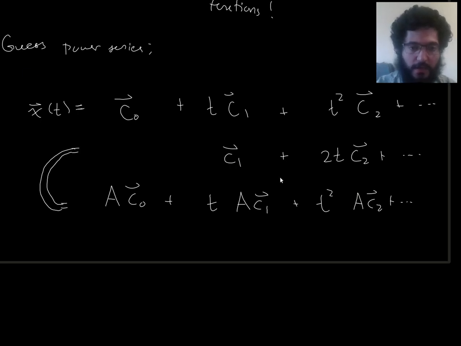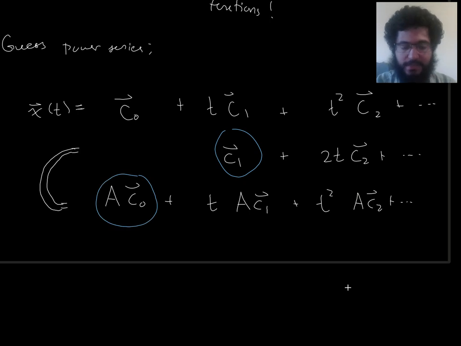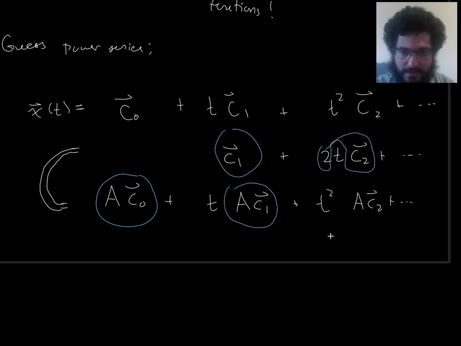So then you end up getting all n of the equalities, C1 equals A C0, and then all n of the equalities, 2 C2 equals A C1, and then 3 C3 equals A C2, and so on.